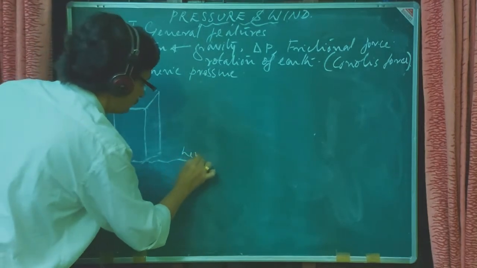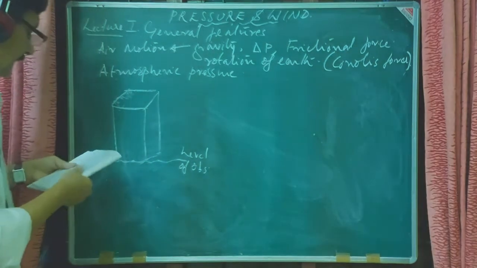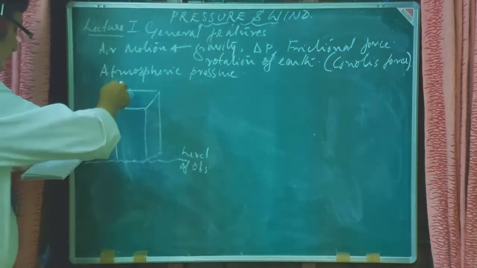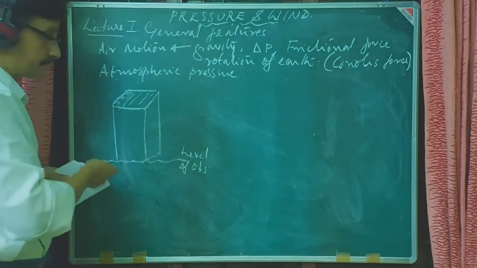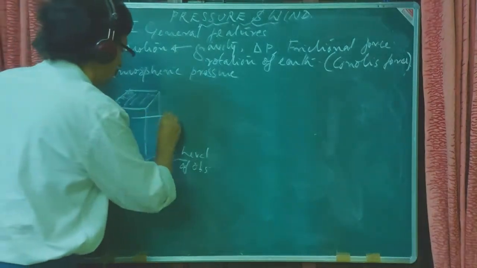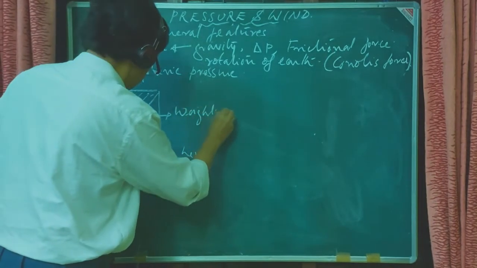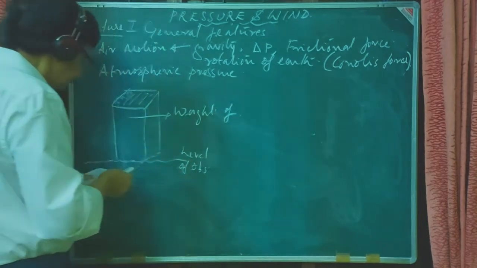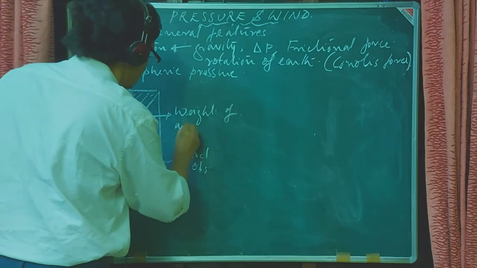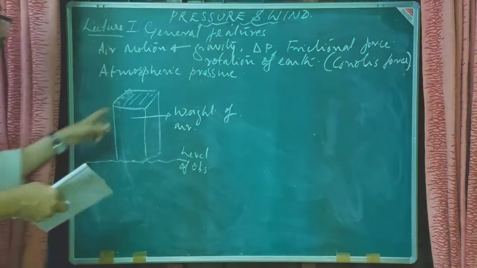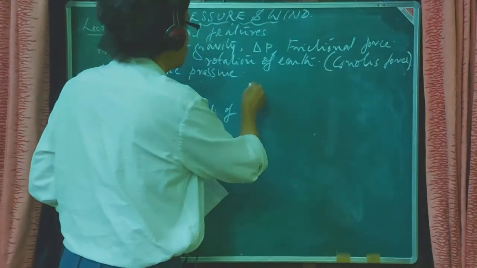This is the level of observation. The atmospheric pressure is nothing but the weight of a unit area of air above the point of observation. That is, atmospheric pressure is nothing but the weight of air over this unit area.